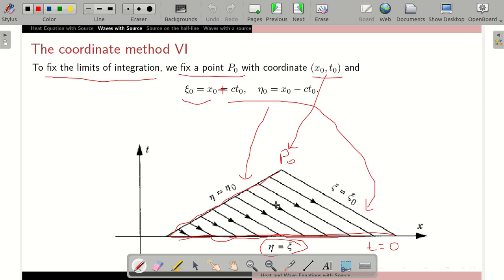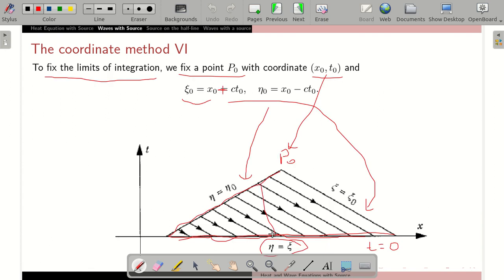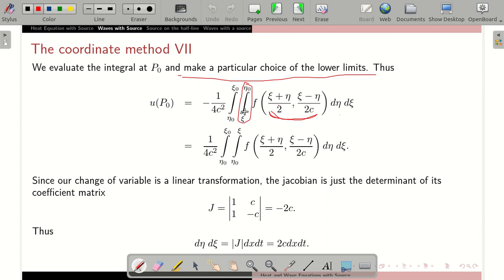So eta is running from xi and going to eta 0. Okay, so this limit is xi to eta 0.